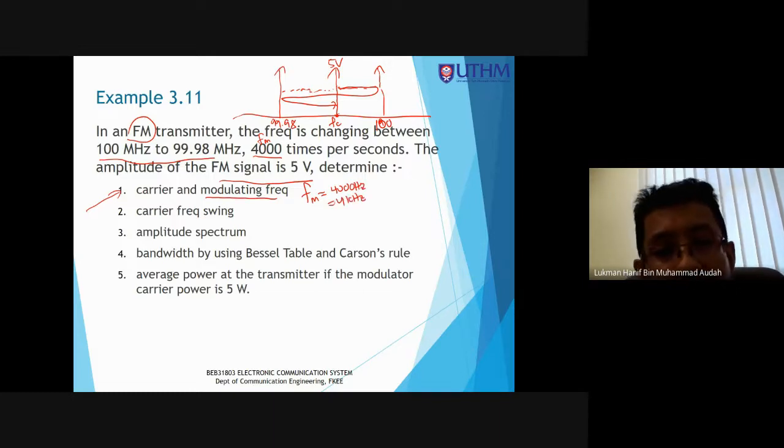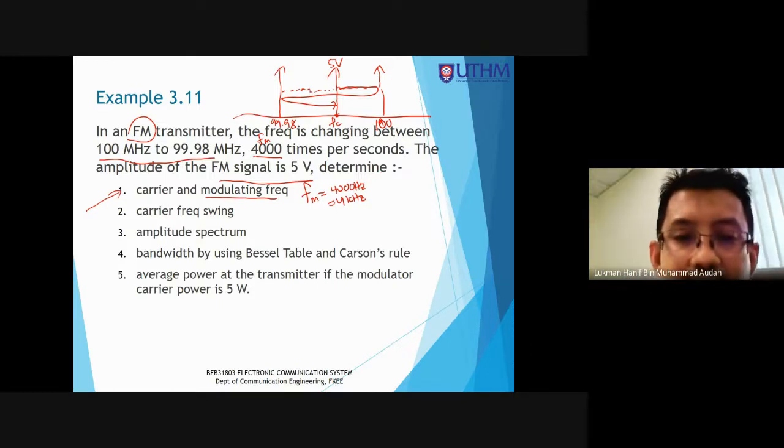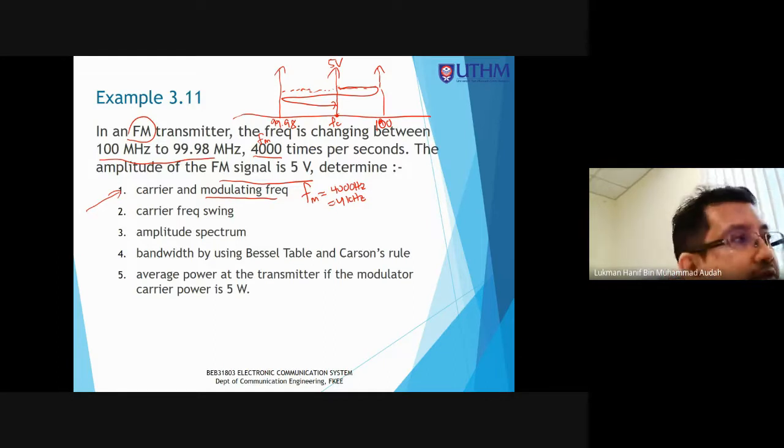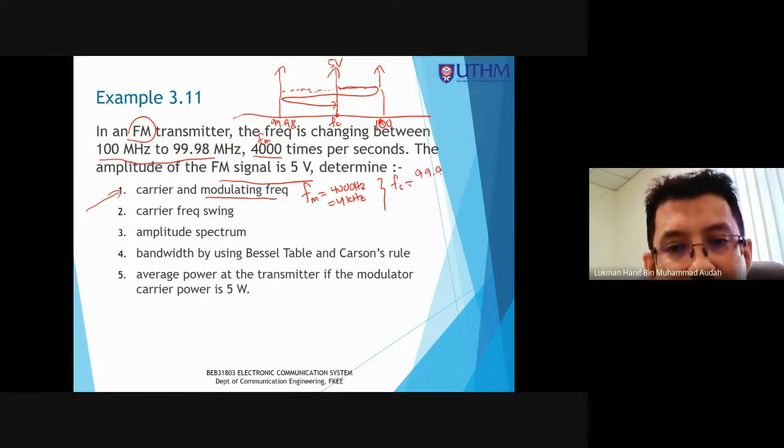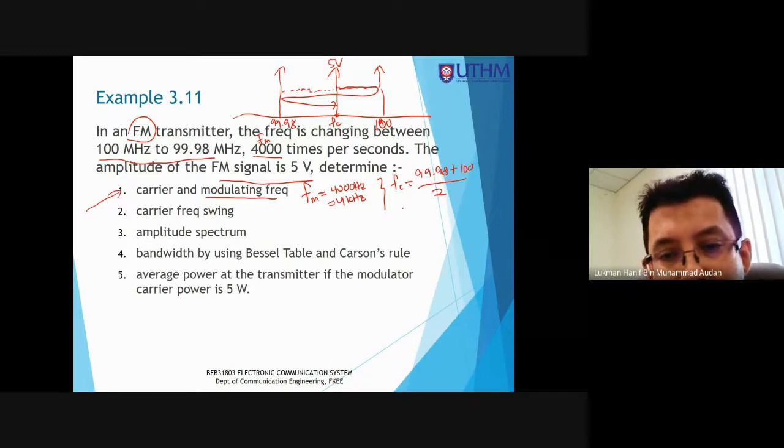How much is FC? To calculate FC, FC is equal to 99.98 plus 100 megahertz divided by 2. So you will get around 99.99 megahertz.